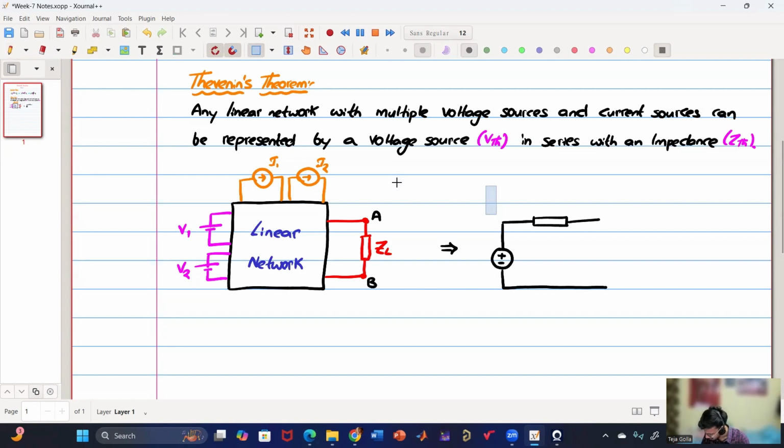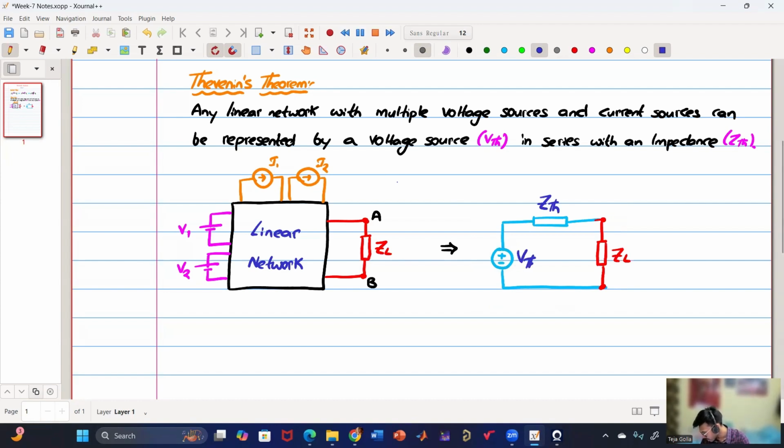Maybe I should use a different color for this. Let us use blue. And this is ZL. And this is ZTH. And then VTH.